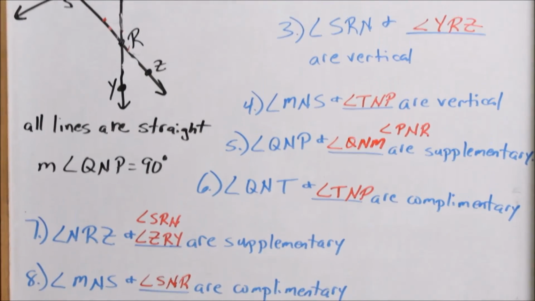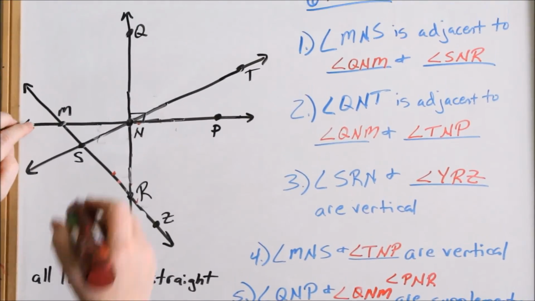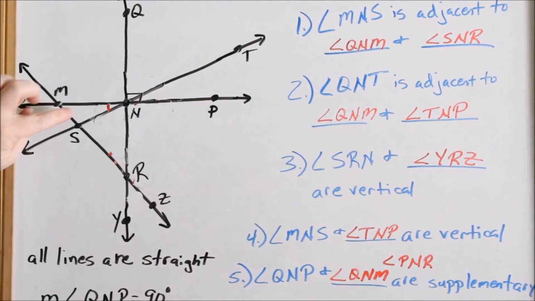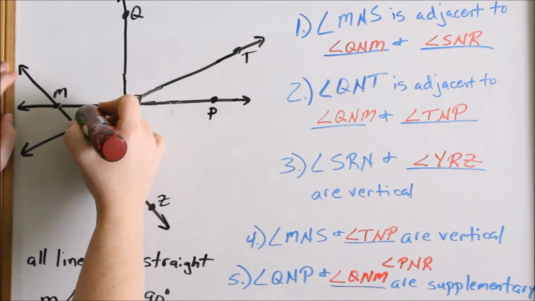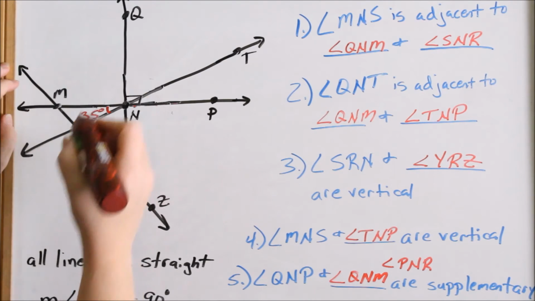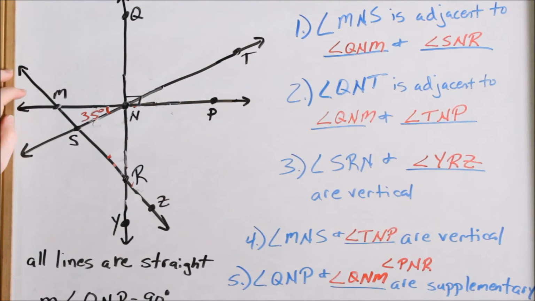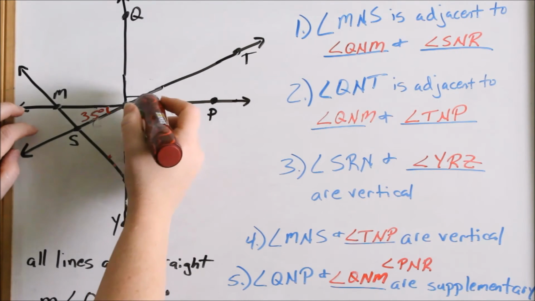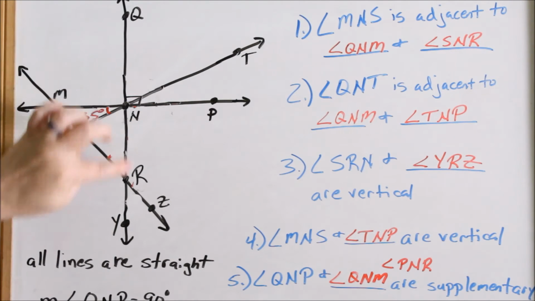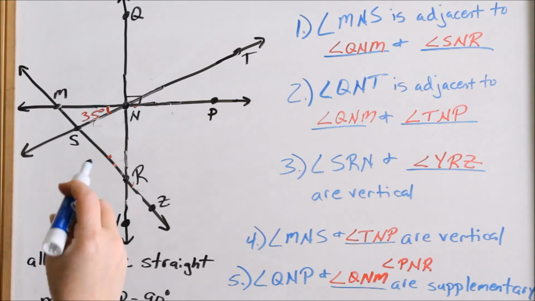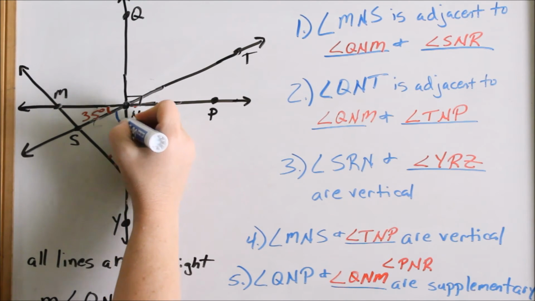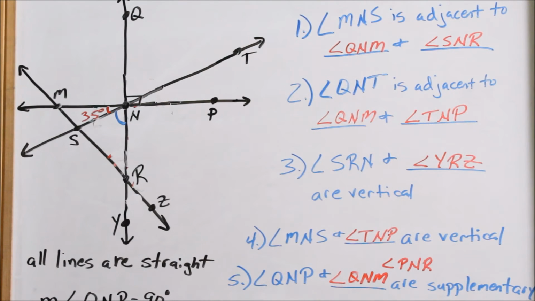Okay, let's go back to our figure. If MNS, that is that little angle there, is 35 degrees, then what is SNR? Follow with your fingers, SNR. That is the blue arc right there.